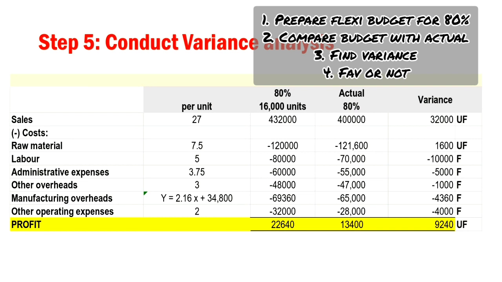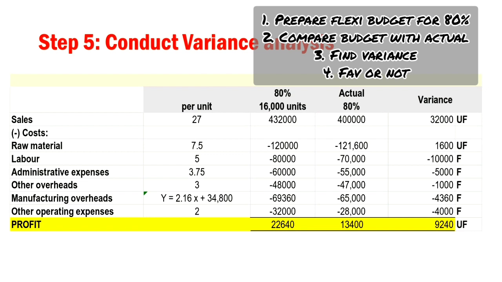So copy back the cost per unit, selling price per unit, equation times with the 80%, and we get profit. Now we can copy back the question and the actual. The only thing is that to calculate sales for actual, you have to times with the actual selling price, which results in 400,000 sales.